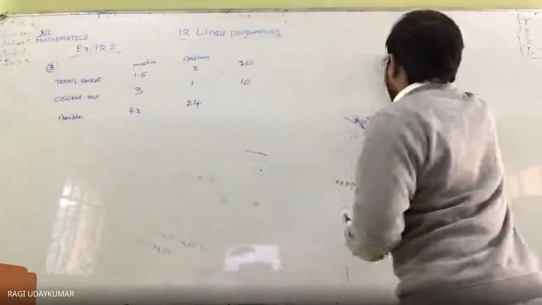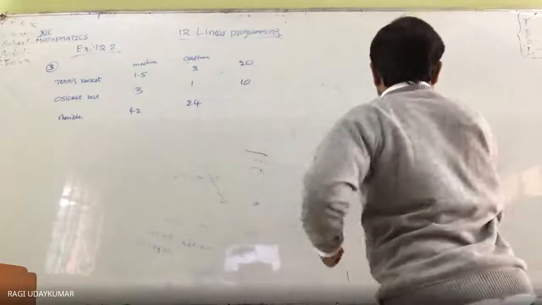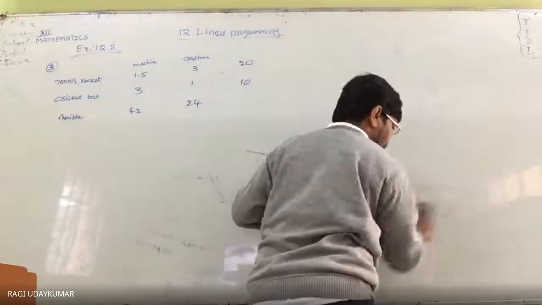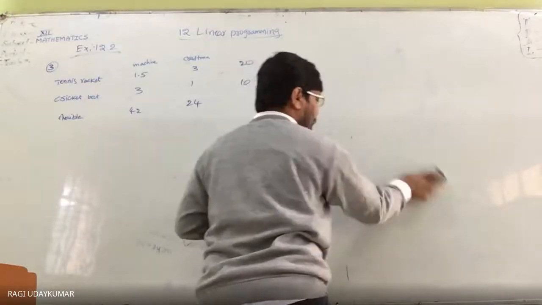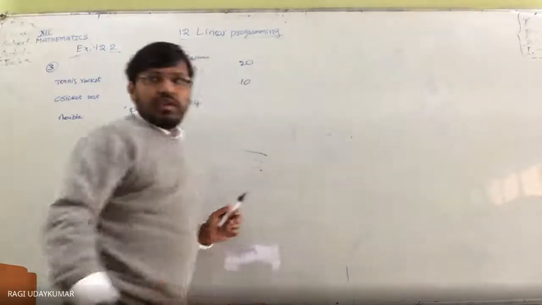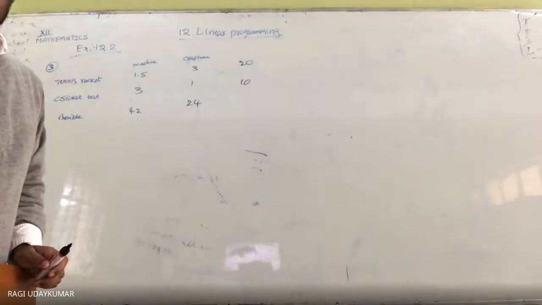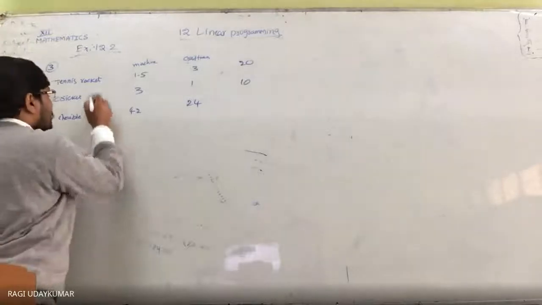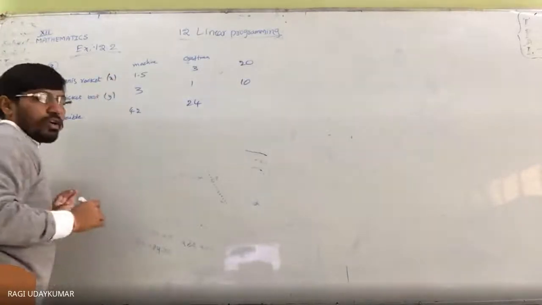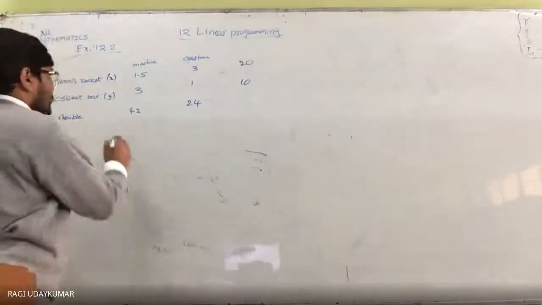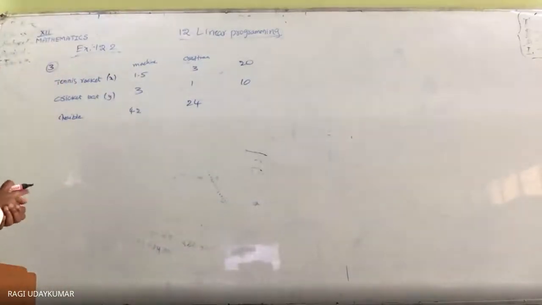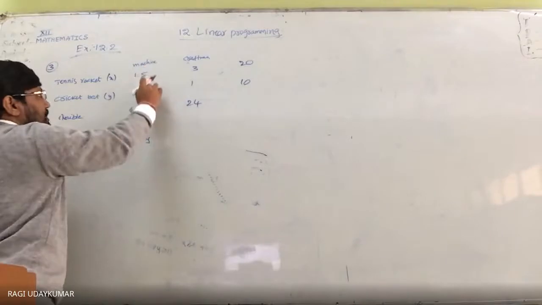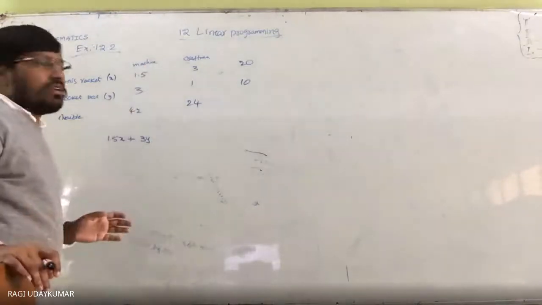for the first question, what is being asked? What number of rackets and bats? Let the number of rackets be x and the number of bats be y. Then the machine time is 1.5x plus 3y in a day.